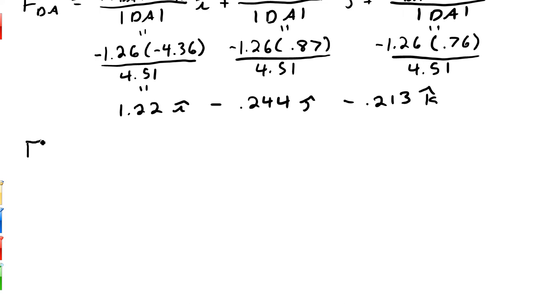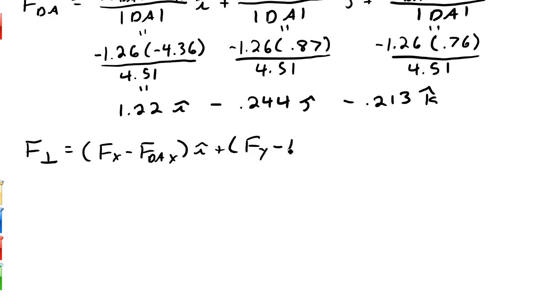Our force perpendicular is going to be equal to F in x minus F dA in the x, in the I, plus F in the y minus F dA in the y, plus F in the z minus F dA in the z, in the K direction. Sorry about all these subscripts.